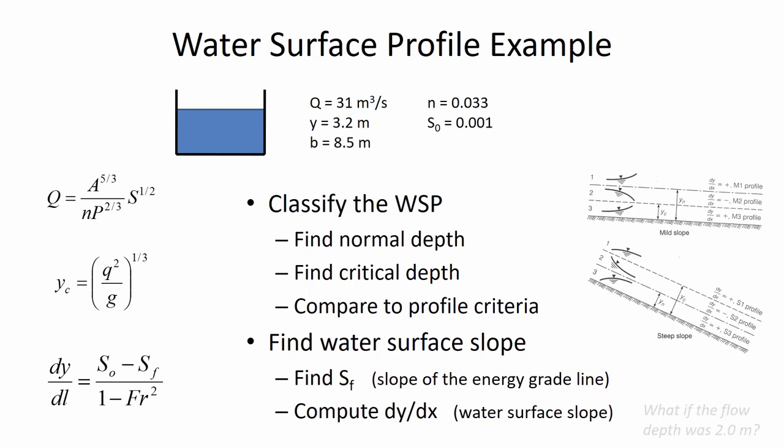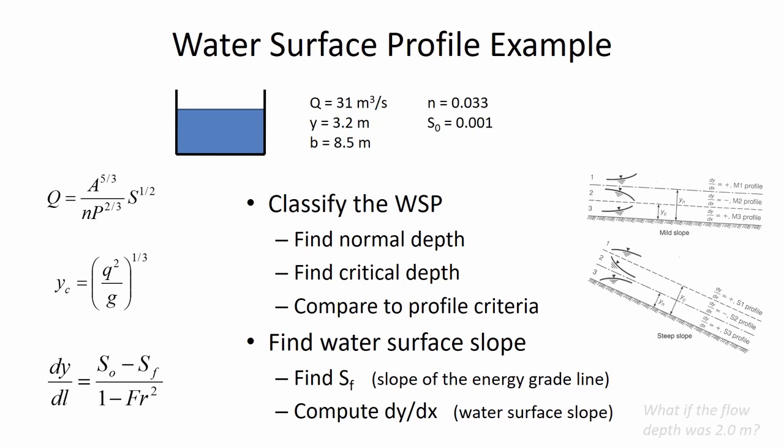And so we can solve for the critical depth and find out what the depth would be if the slope was critical. And we can solve for the normal depth using Manning's equation and find out what the flow depth would be if conditions were uniform. But then this is the actual flow depth. The first thing we're going to do after we find the normal depth and the critical depth is find out what the profile criteria is and how this fits in.